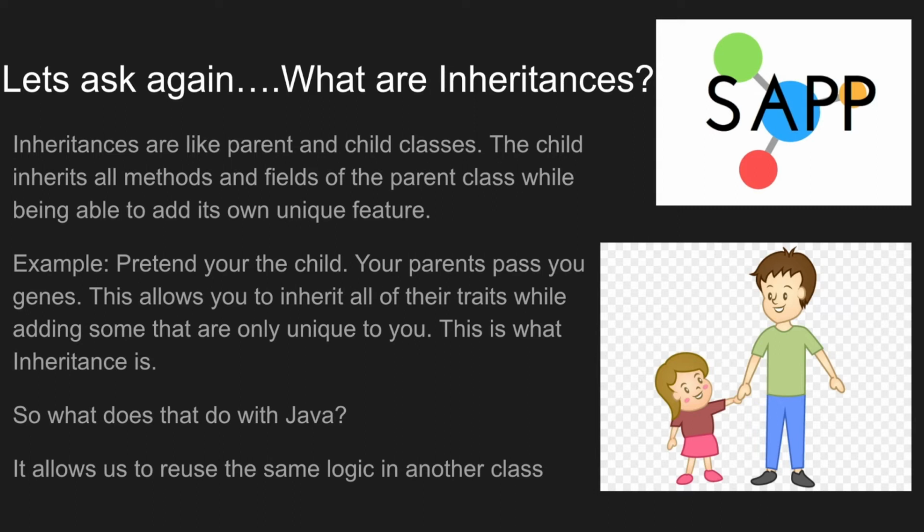They allow you to inherit all of their traits, but that's not all of you yet, so you still need to add your own unique features. This is what inheritance does. It takes parent class traits into yours, and you can also add your own features. So what does this have to do with Java? This is really useful in Java because it allows us to reuse the same logic in another class.